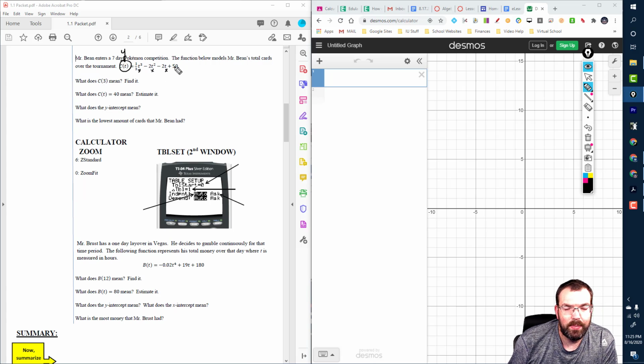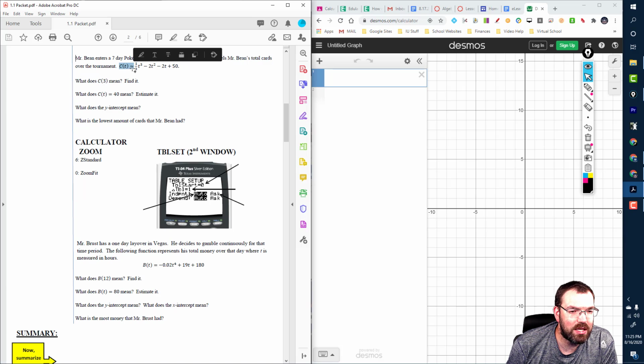Okay? All right. And let's graph it. So let's graph that sucker. And how do we do that? Well, I'm not going to care about the c of t equals or y equals. I just care about this stuff that's over here, like that 1/3 and so on.